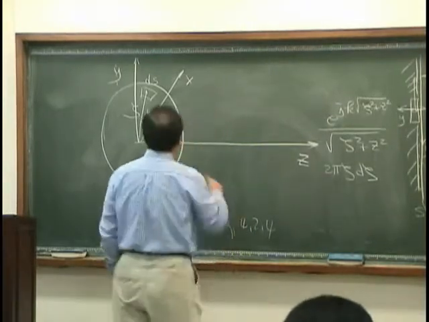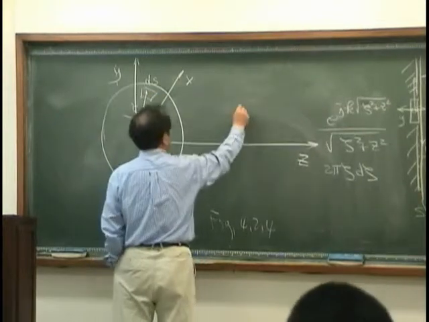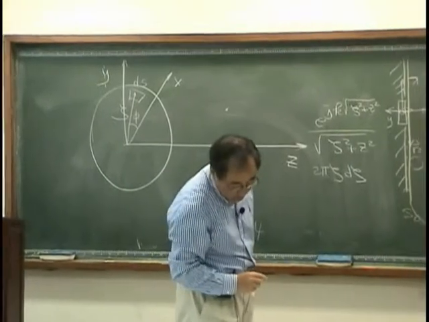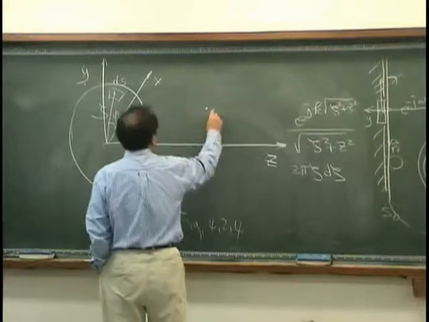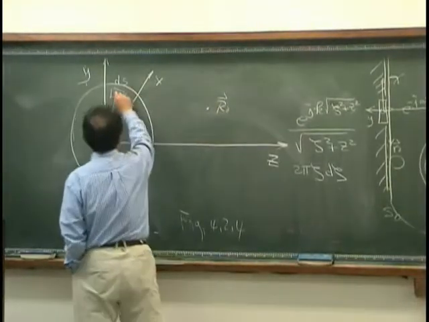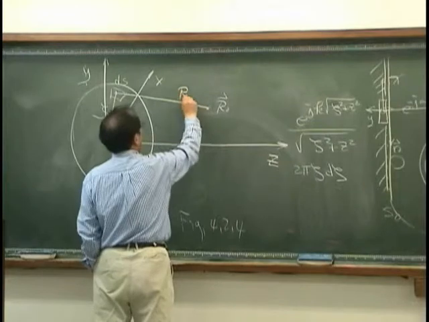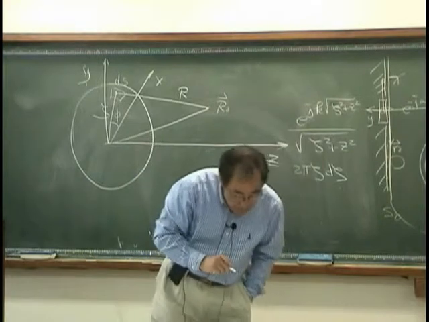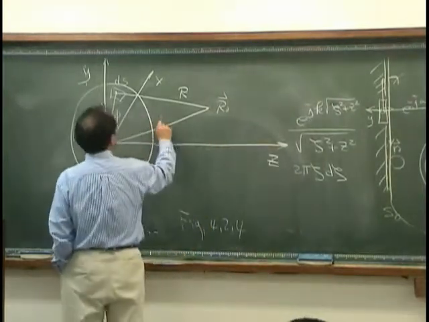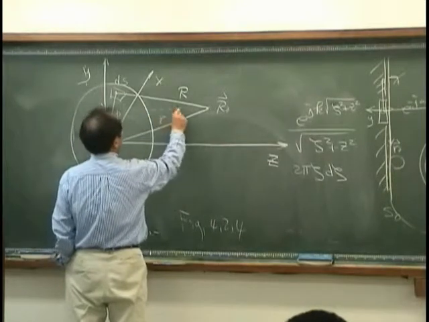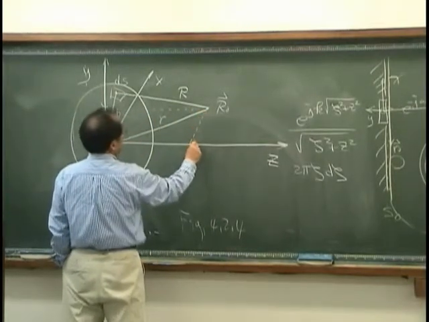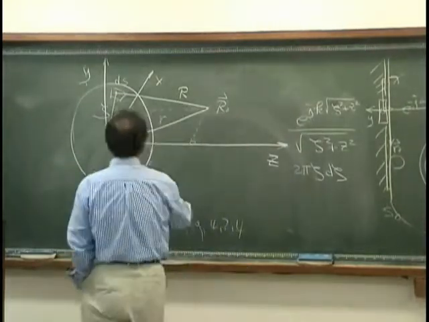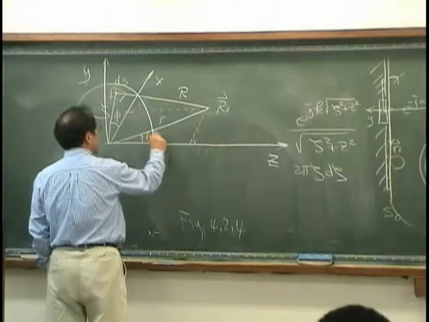Okay, and I have observation points over here that I call R0 vector, and this I call R, and this is small r. So I have, this is a right angle, and I call this zeta.